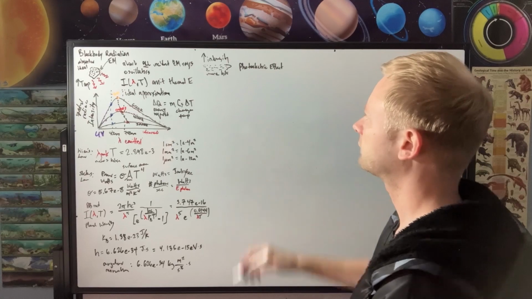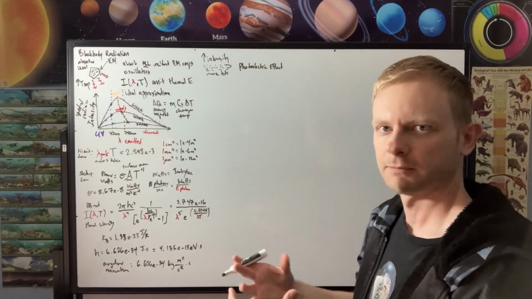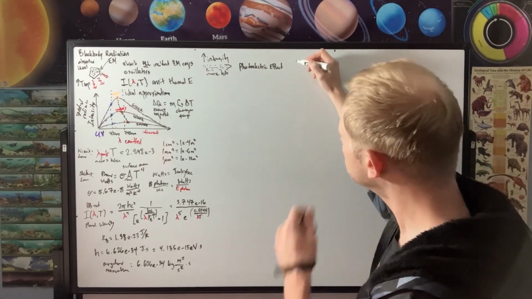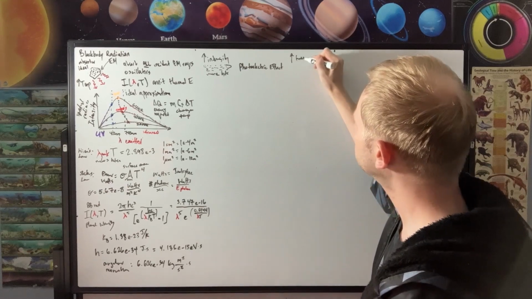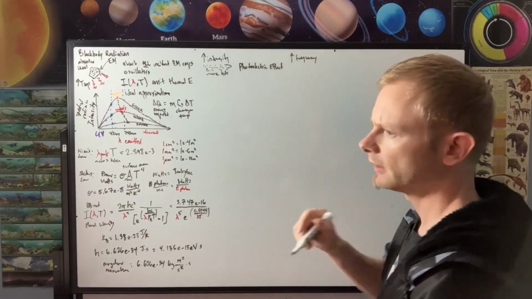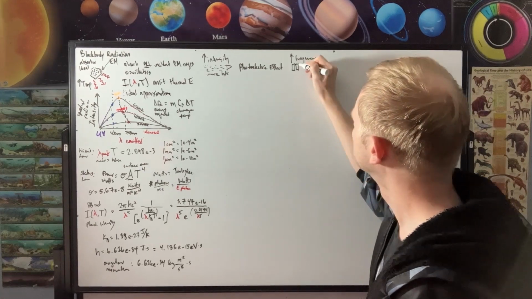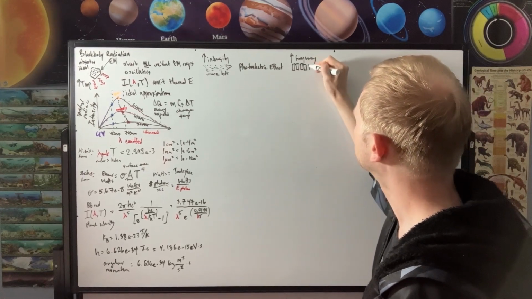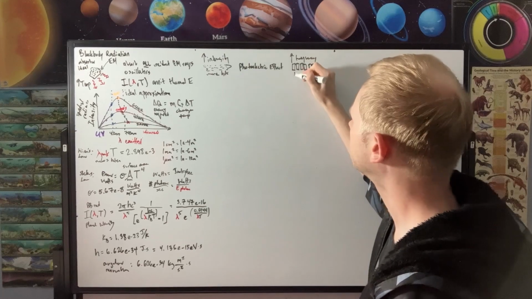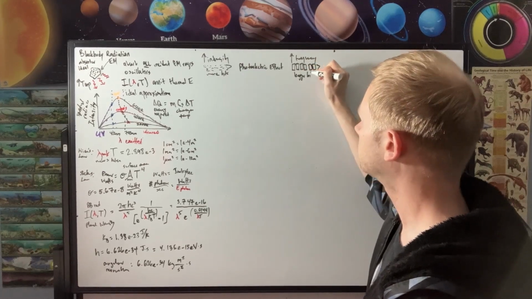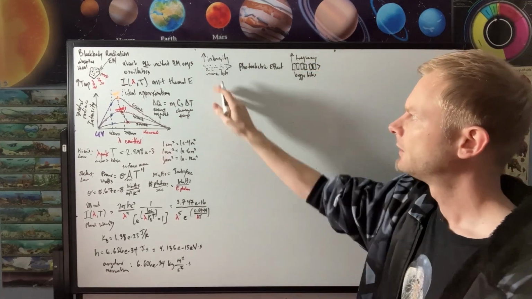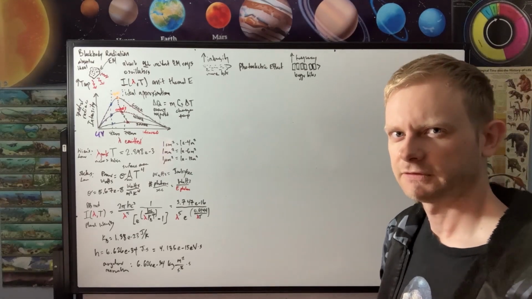And in the photoelectric effect, that would be like a piece of metal. But let's also consider that we could raise the frequency. And if we did that, we would get something like bigger bytes. Bigger bytes if we raise the frequency, more bits if we raise the intensity.